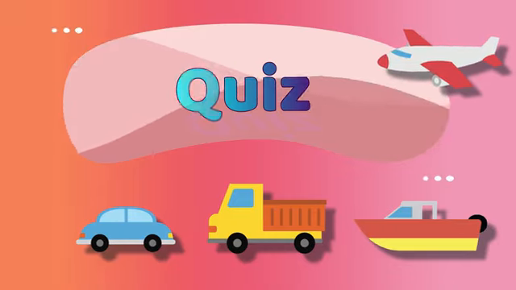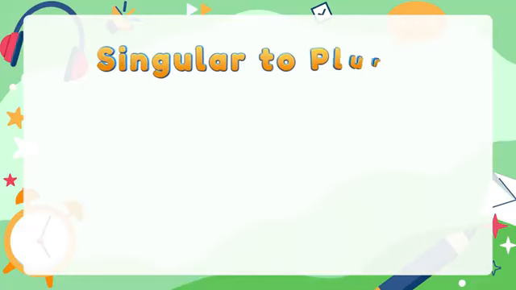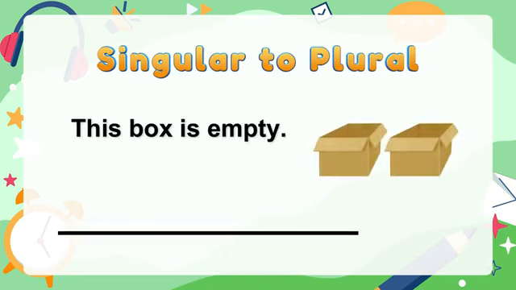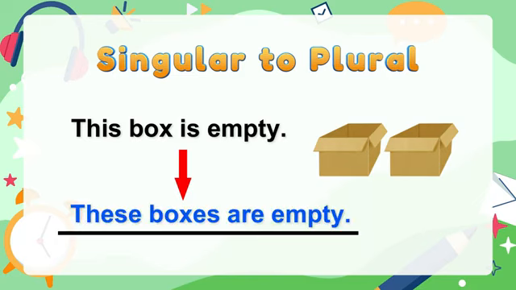Quiz. In the next part, we will change the singular sentence to plural. For example, this box is empty. It becomes, these boxes are empty.